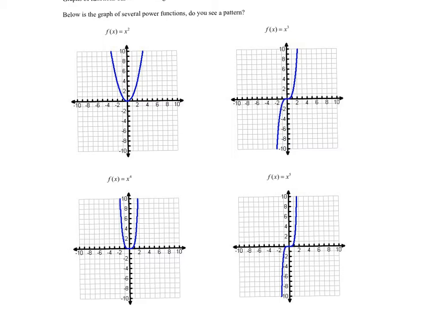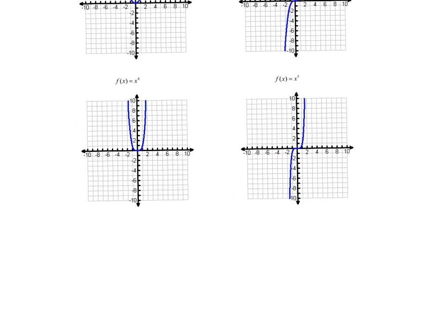If I look at the x squared and x to the 4th graphs, they both look like they follow the same shape, and both of their ends tend to go in the same direction. And if I look at the f of x equals x cubed and x to the 5th graphs, they also look to follow the same type of graph, and their ends go in opposite directions.